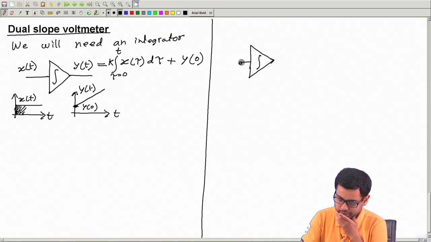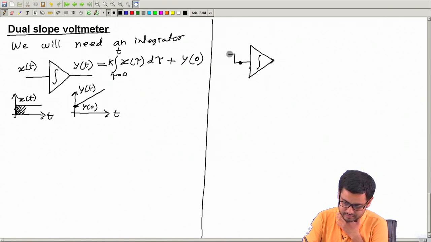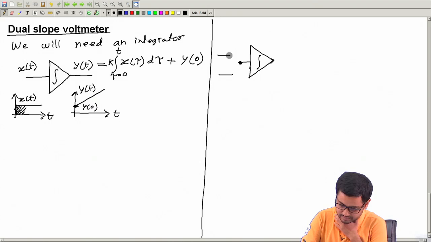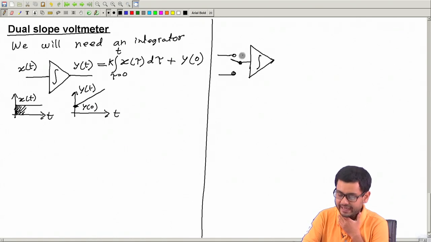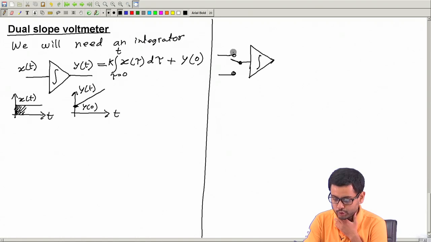This is the input, and we will have a switch here. So, this input can be connected either to this or to this.